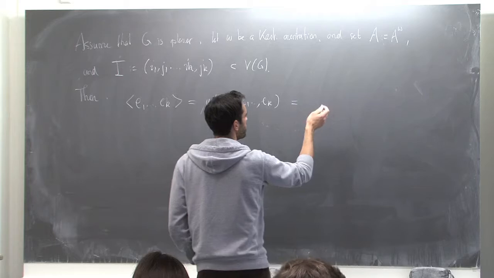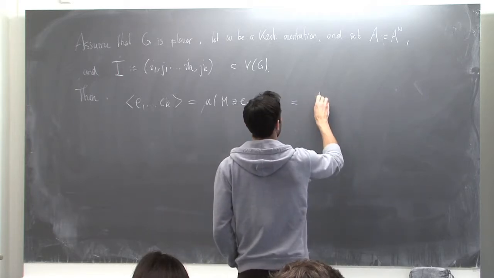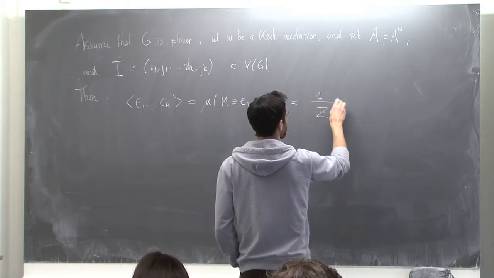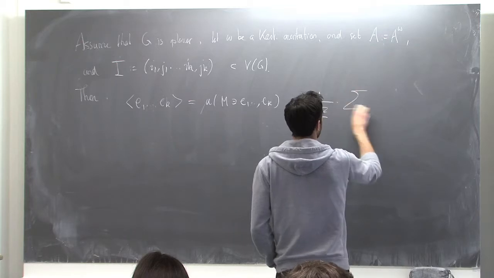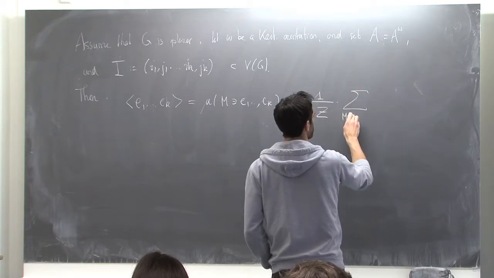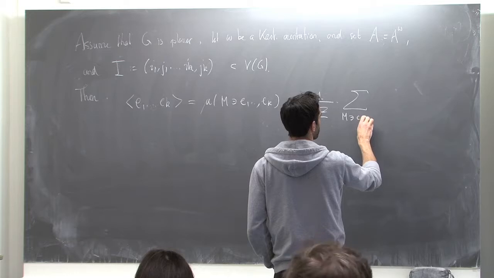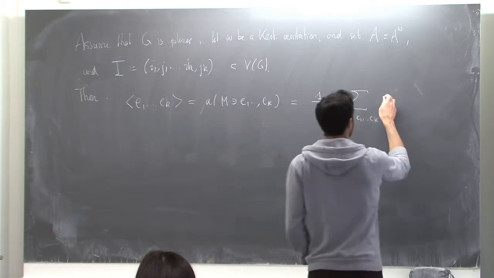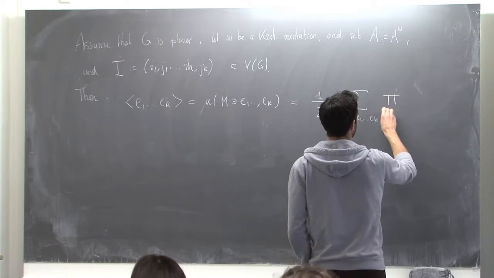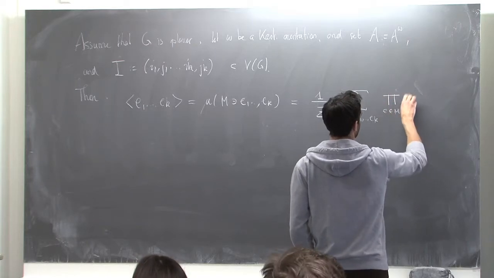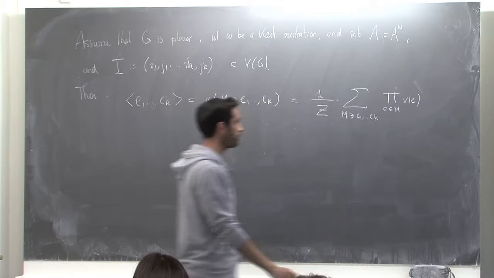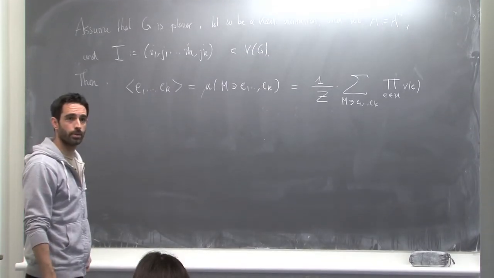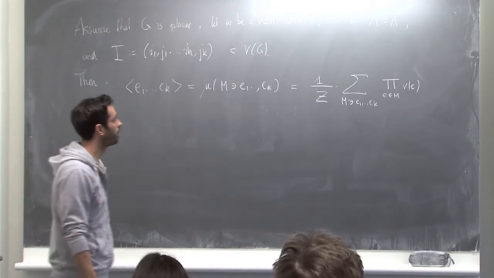How can I write this? I can write this as 1 over the partition function times the sum over all matchings that contain these edges of the weight of the corresponding matching, that is the product of weights. This is really by definition of the measure.